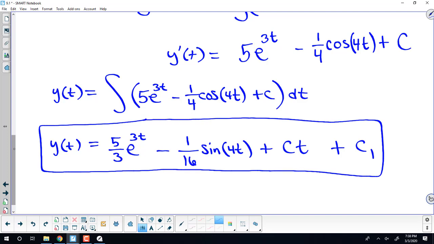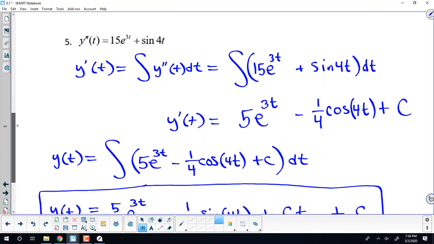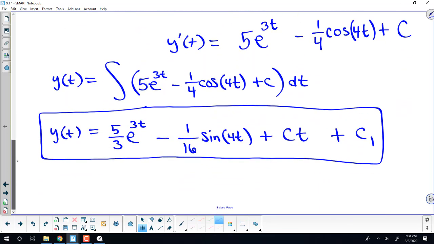We can verify: is that a solution to the differential equation? Just find the second derivative. And when we look at these with initial conditions, the only thing that changes is that after each round, we use the initial conditions to figure out exactly what those constants are. That's the only difference. Does anyone have any questions?